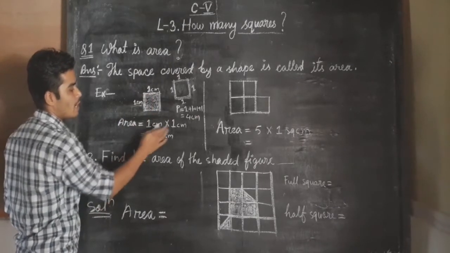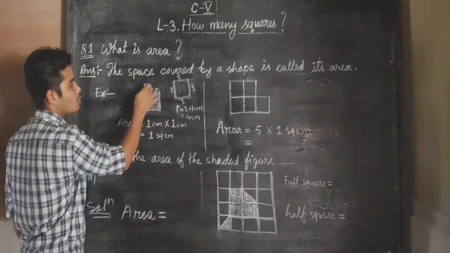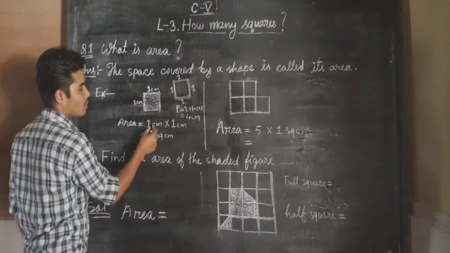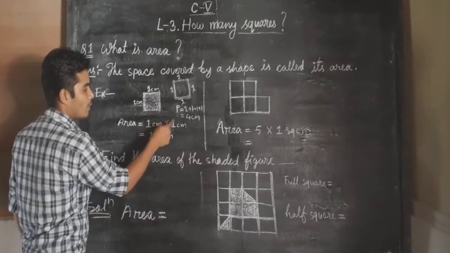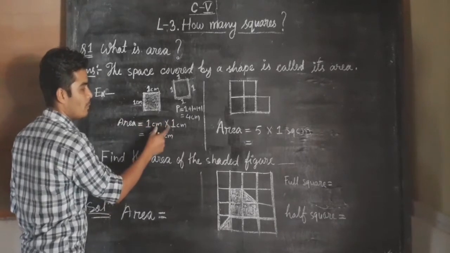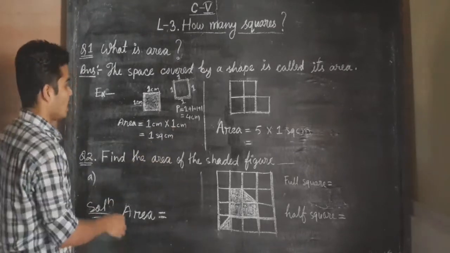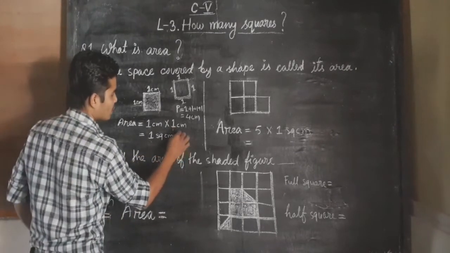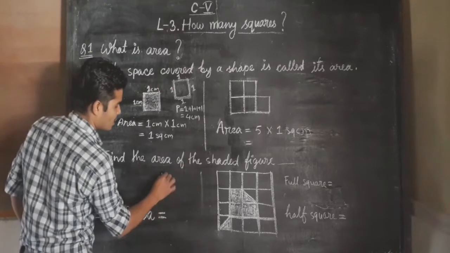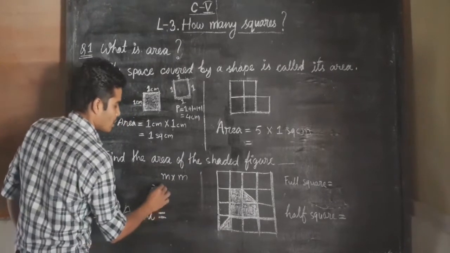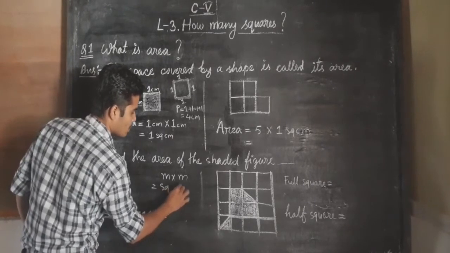You can see I have multiplied this side into the other side. Only 2 sides we have to multiply. Then I got 1 ones are 1. If we multiply the same unit 2 times, then we should write square centimeter. If I multiply meter into meter, the answer is square meter.